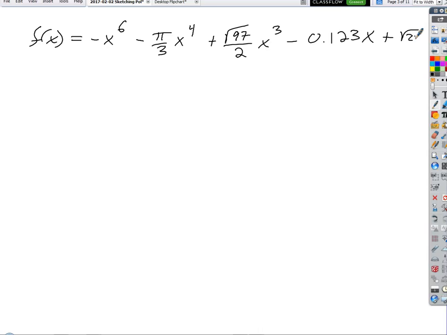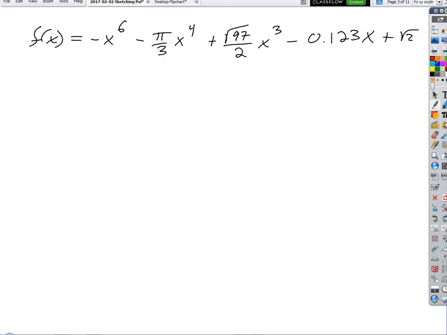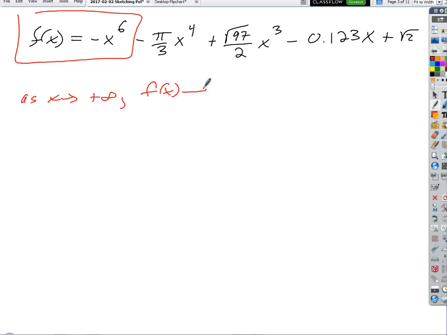That's it. All I have to think about, if I want the end behavior, is just this part here. So when I want to answer the question, as x approaches positive infinity, f of x approaches what? Just go there. How many factors are there? Not one.